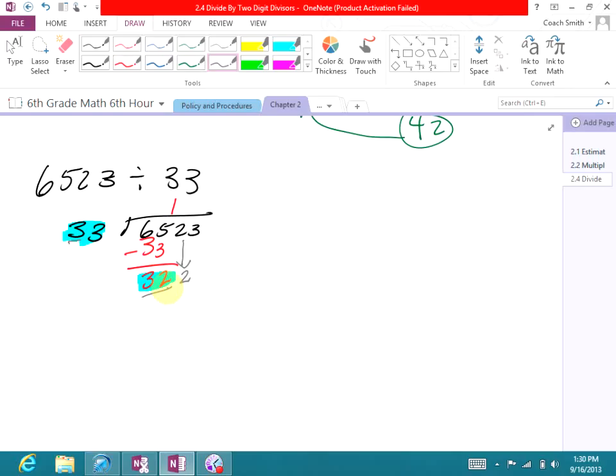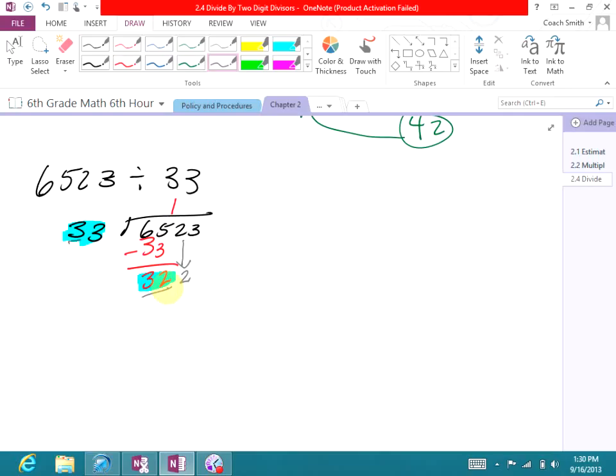Okay, stop. Raise your hand. How many 3 times what would equal 32? Judah. 3 times what equals 32? Or get me close, Quade.